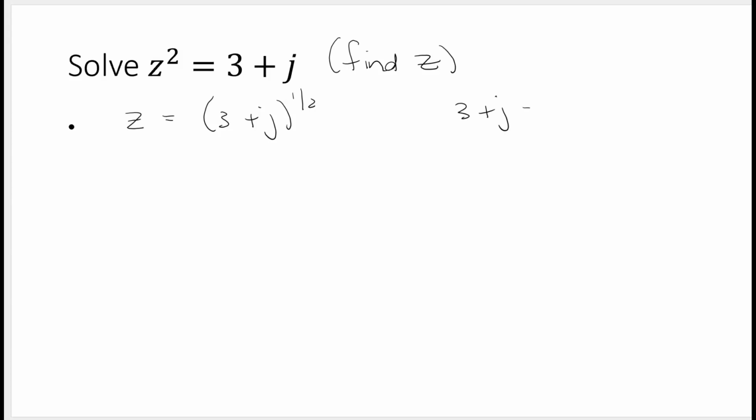So we would find that that would be the square root of 3 squared plus 1 squared, that's the square root of 10, angle, and we can look that up on the calculator, and we'd get 0.32175. Okay, right, so now that is z squared, so z is going to be that to the power of a half.